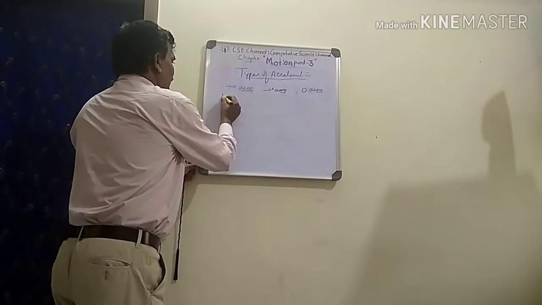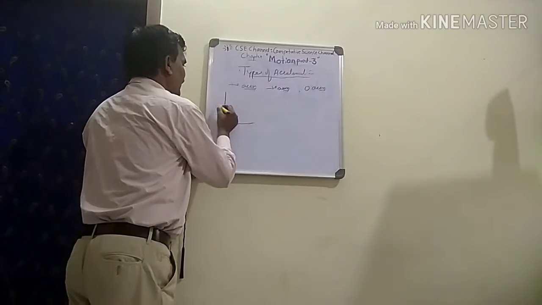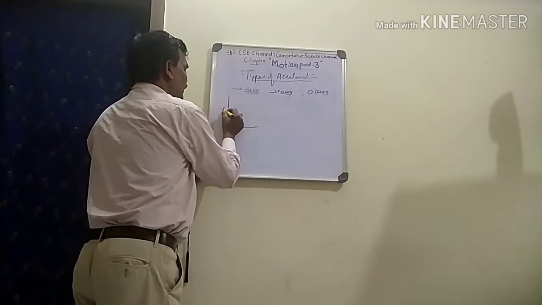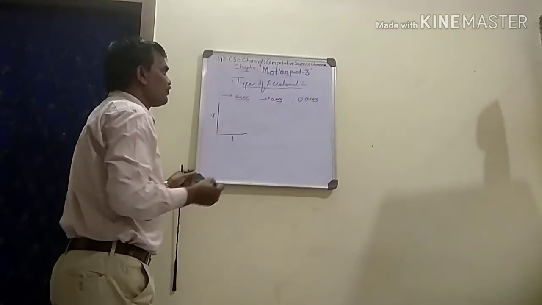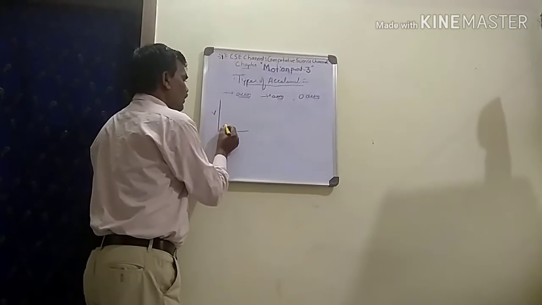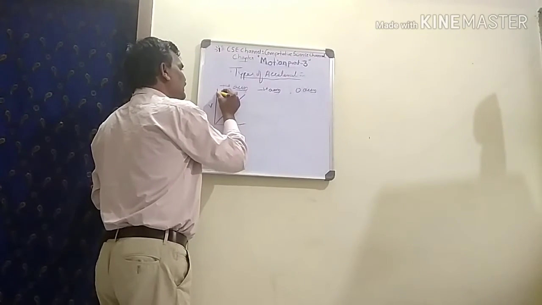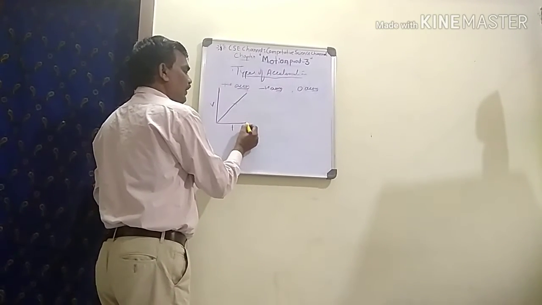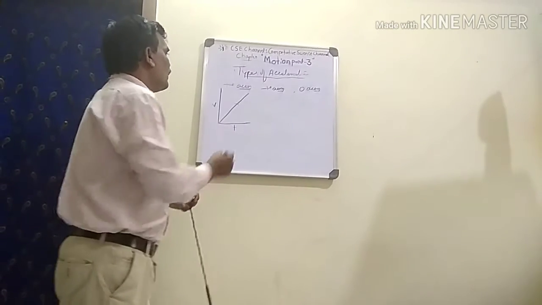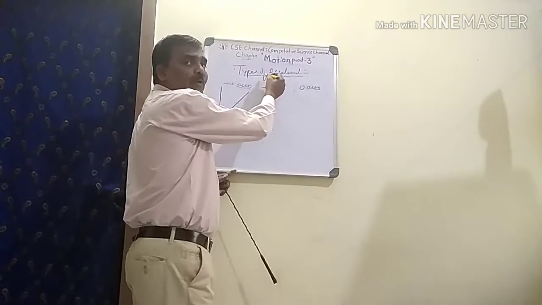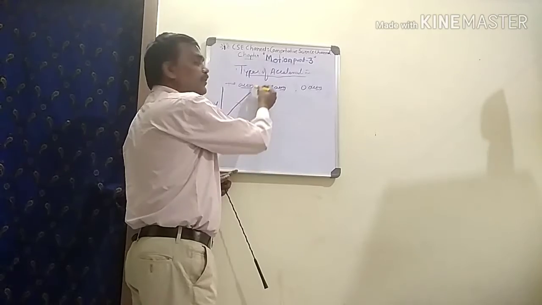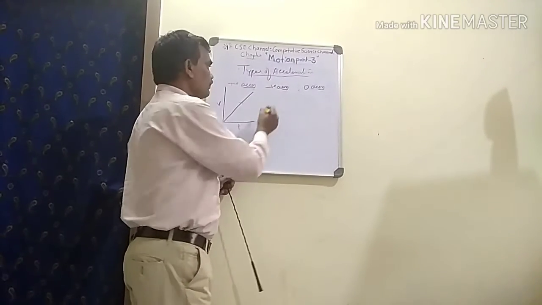For example, if we take the vehicle's velocity and the time, its speed or velocity goes on increasing at this rate in the graphical representation, because it is an accelerated motion, or it is called positive acceleration.